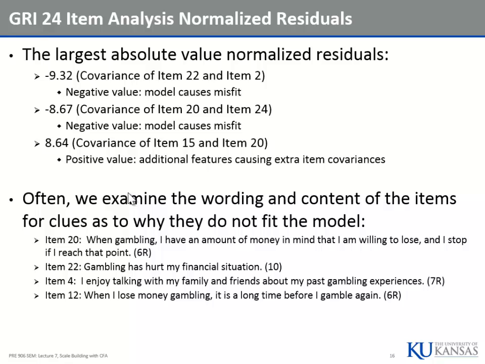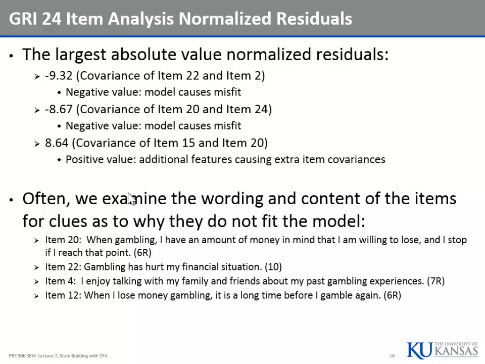So here, just as a self-assessment, I'm bragging about me learning how to gamble with grant money. I'm totally not a gambler. Right? I can stop. It's okay. And then item 12, when I lose money gambling, it is a long time before I gamble again. Again, reverse coded. I think criterion 6 is the criterion that talks about when you lose money gambling, you frequently return to try to win it back.